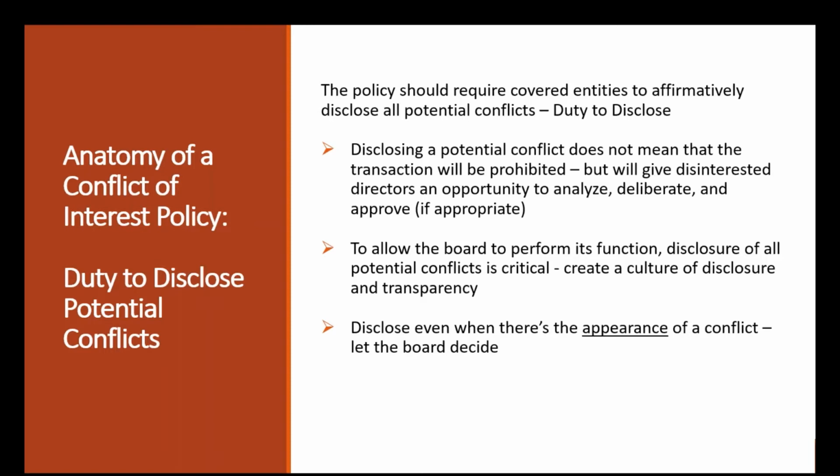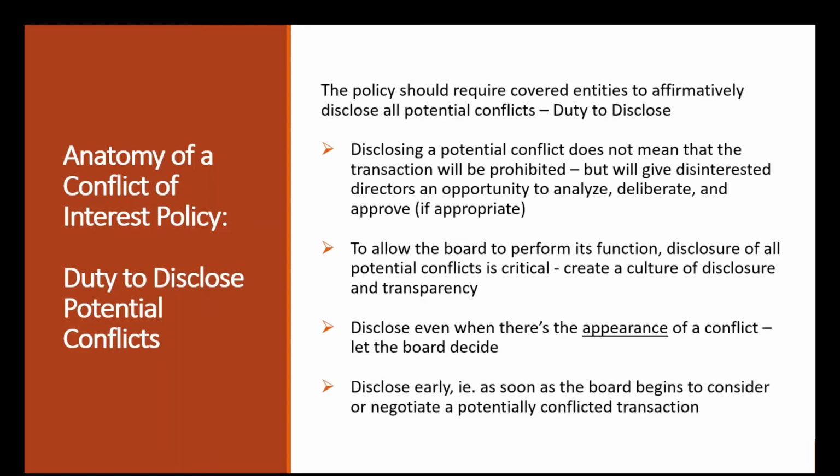If folks walk away from today's webinar understanding the importance of disclosing potential conflicts, then I will not lose any sleep. That's mission accomplished. We want to create a culture where all potential conflicts are disclosed, and then just let the disinterested directors decide what to do with it.